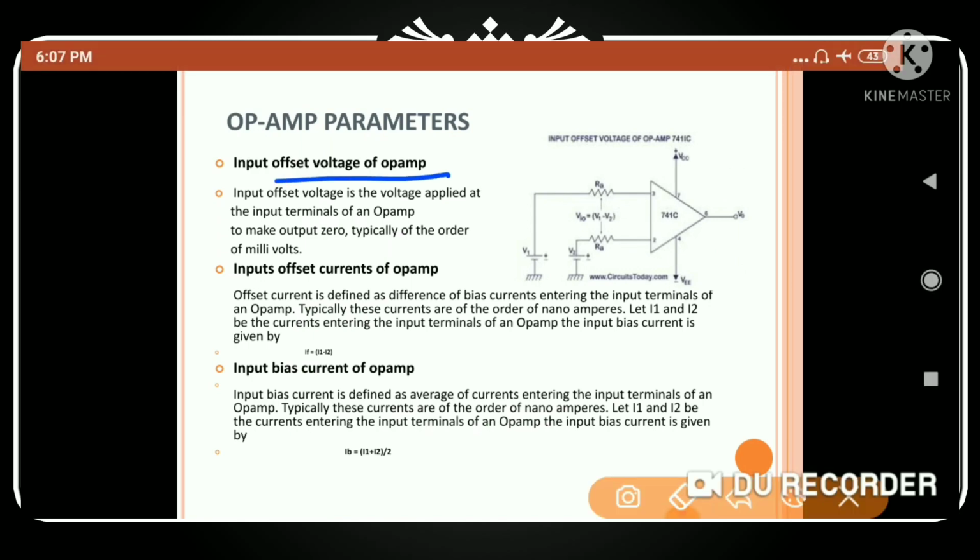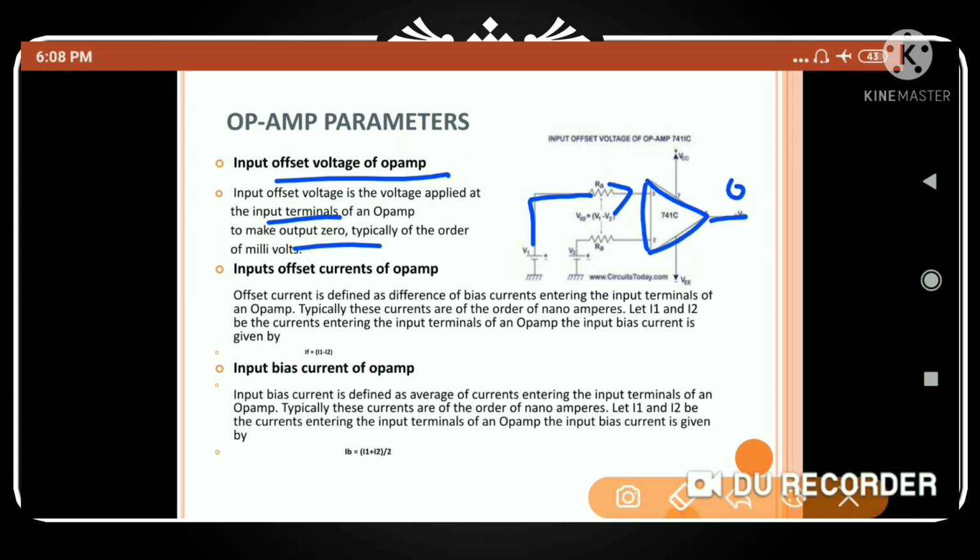input offset voltage of an op-amp. Input offset voltage is the voltage applied at the input terminals of the op-amp. This is the op-amp, now you see in the figure. Whatever input we are giving to this op-amp, that is the input offset voltage, which is applied at the input terminal of the op-amp to make the output 0.